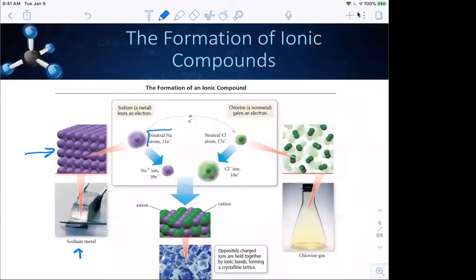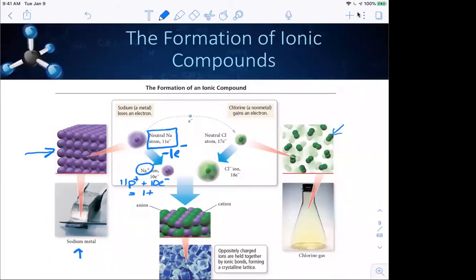So my neutral atom has 11 electrons because it's atomic number 11 on the periodic table. My sodium ion loses 1 electron, so I become sodium plus because I have 11 protons and I have 10 electrons. That gives me 1 more positive charge.